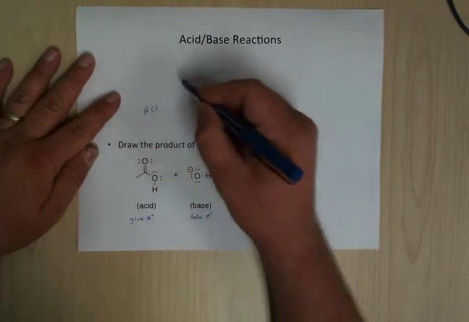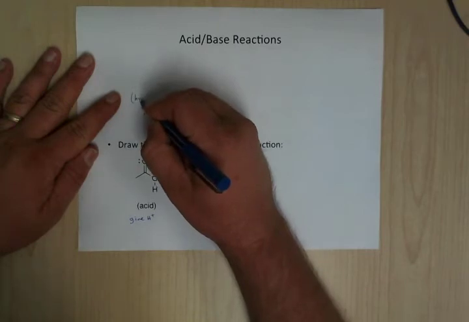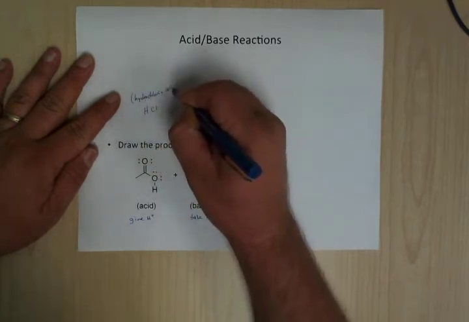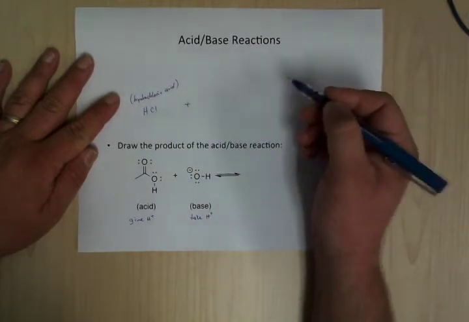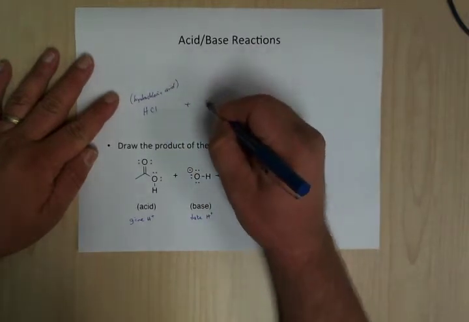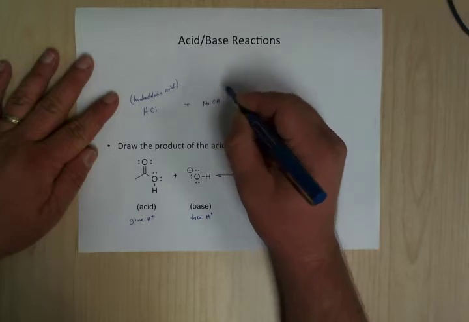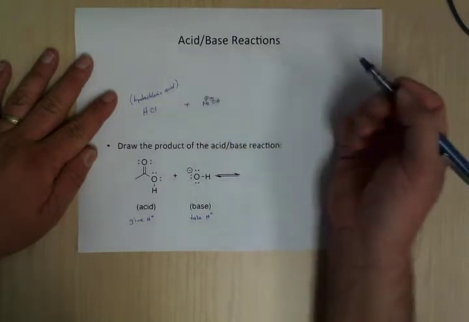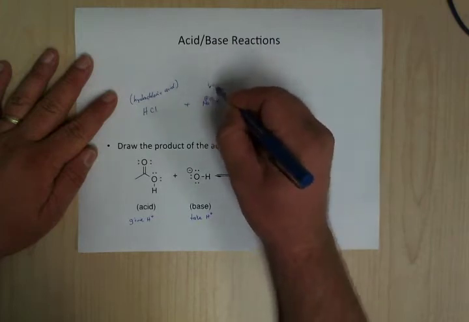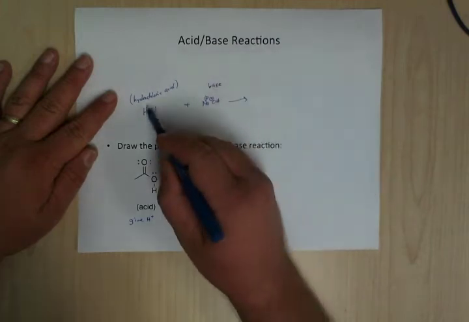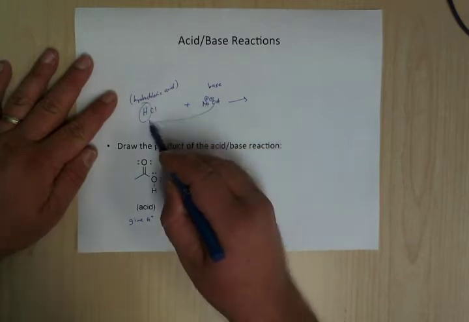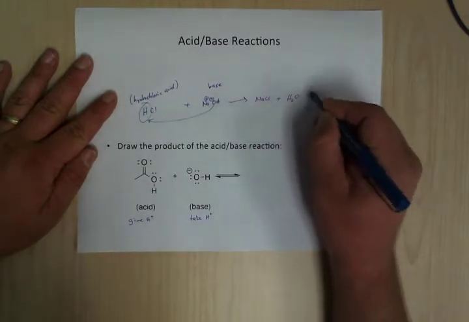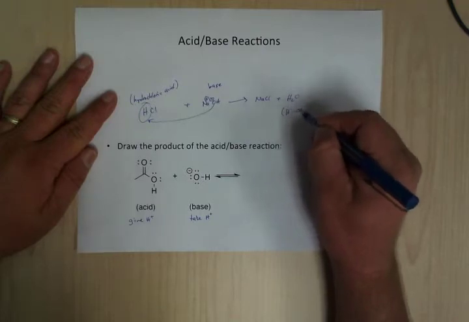This is your acid, hydrochloric acid, plus a base, sodium hydroxide. This is your base. What does it do? It's taking the hydrogen to make salt and water. You can always think of water as HOH.